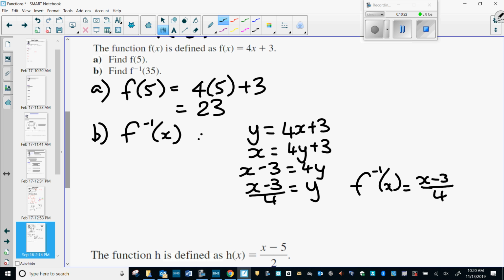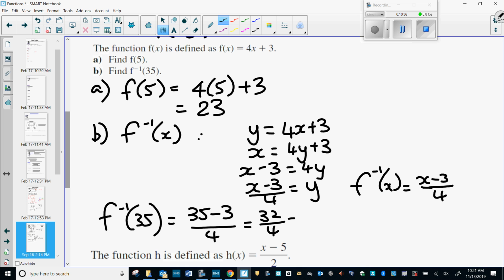So if they've asked us to find f⁻¹ of 35, what are we going to do now? Exactly. So we've got 35, subtract 3, all divided by 4, which is 32 over 4, which is 8. Okay. So that one, Hannah, they haven't said find the inverse function, but as soon as you see the minus 1, we knew that we had to find the expression for it somehow.